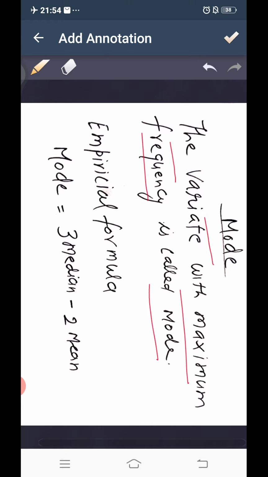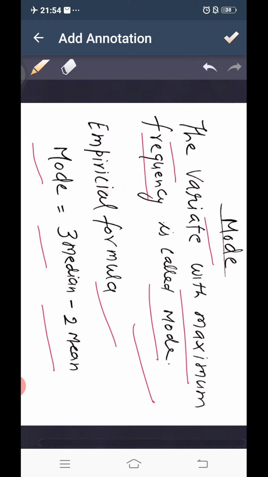If we have so many variables, and out of that any one has maximum frequency, then that variate which contains the maximum frequency is called mode. Empirical formula: what is that? Mode equals 3 median minus 2 mean.